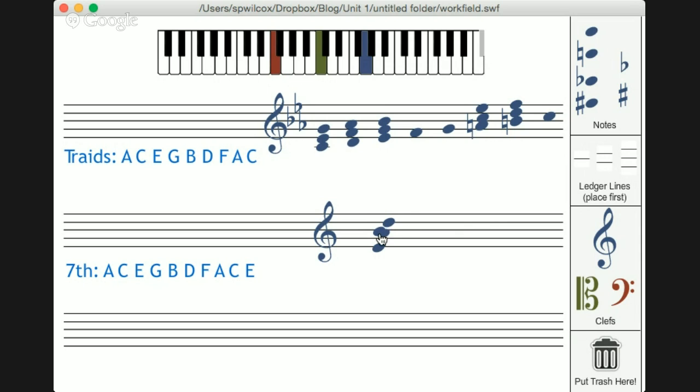So maybe I'll just leave that there and make it again. All right, so here's root position. Let's do first inversion.